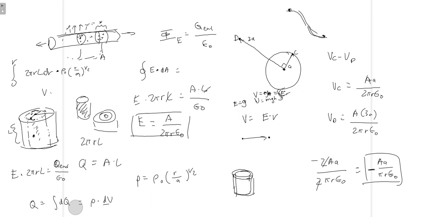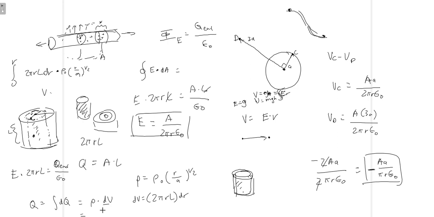This amount of volume is equal to 2 pi r L, because 2 pi r is the circumference of the circle, times the length L. That would be the surface area times an infinitely small change in radius.